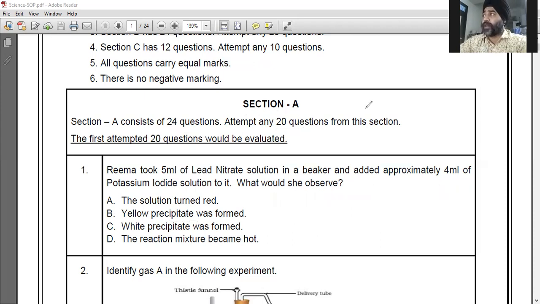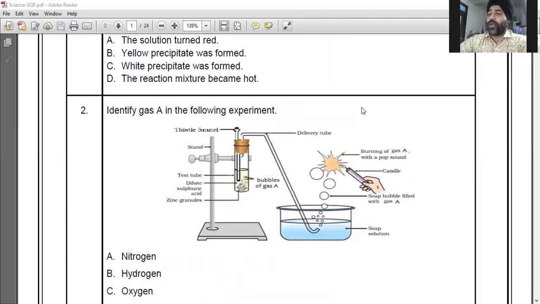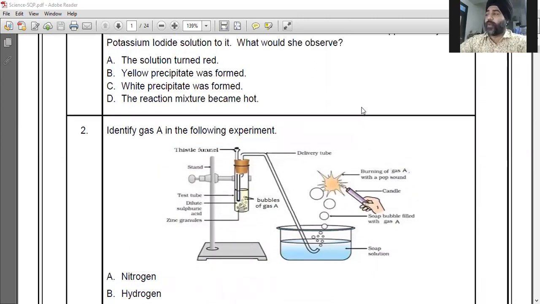question is, a figure is given. So you have to study all the figures and diagrams properly which are given in the book. In this apparatus, we have to identify gas A in the given experiment.